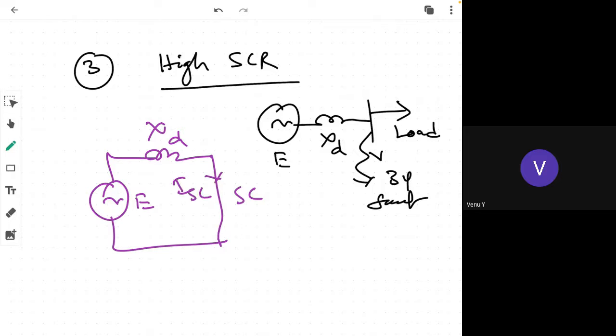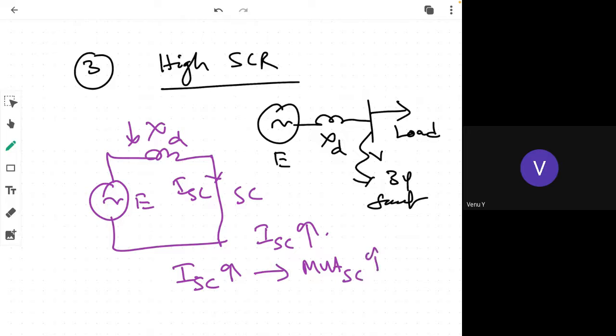This is ISC. So when SCR is high, XD is low, therefore ISC will be increased, and hence the fault current ISA has increased, thereby MVA short circuit has increased. So this is the disadvantage of the high SCR compared to the previous case. So this is the third point.